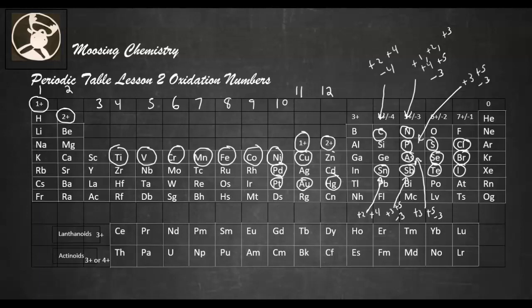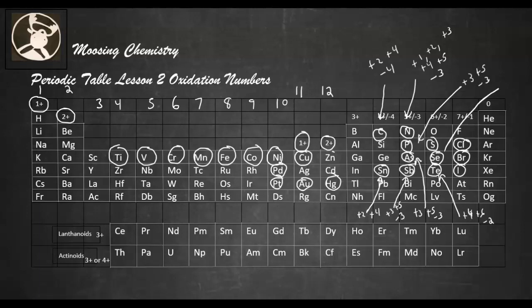Okay. Wow, we're getting a lot done here. Tellurium. Tellurium, on the other hand, TE can have a +4, a +6, or a -2.